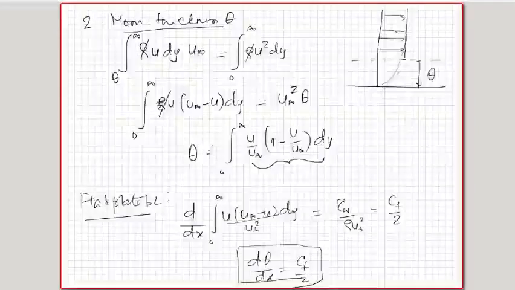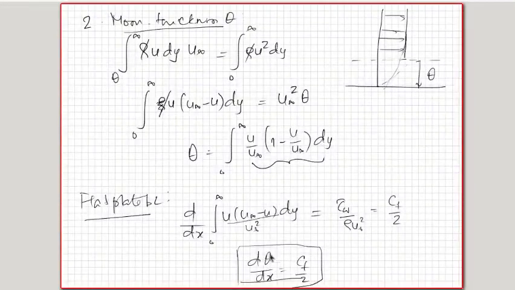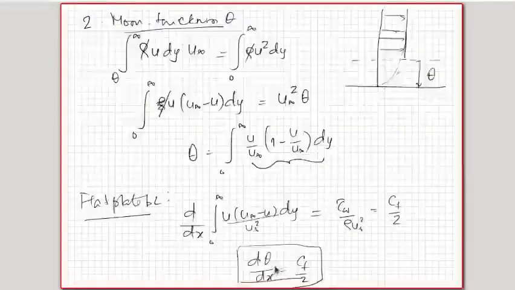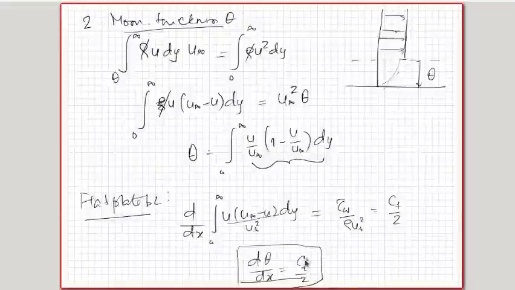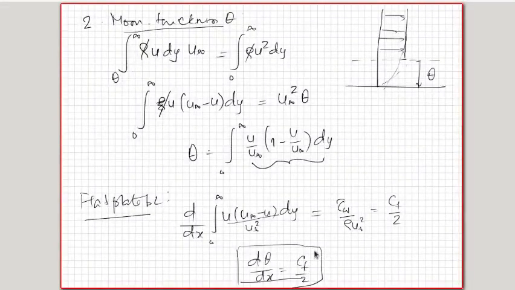This theta is a familiar quantity, and therefore you can find the theta expression at any given location using this. The relationship for theta will have similar constants as you had in the Cf term. That is basically what we understand.